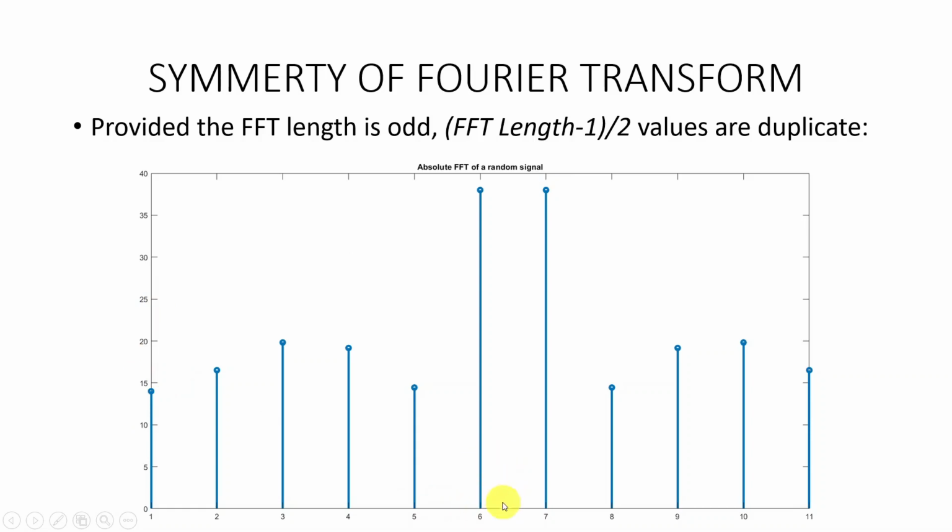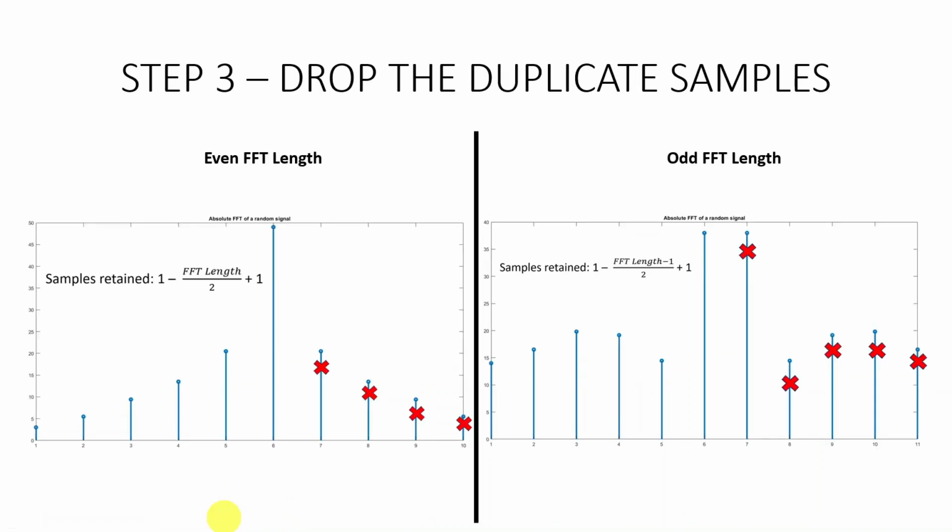In this example, the samples 6 and 7 are equal, 5 and 8 are equal, 4 and 9 are equal, 3 and 10 are equal, and 2 and 11 are equal. The next step is to drop the duplicate samples, but this comes with a consequence, because each sample in the Fourier transform represents the magnitude of specific frequencies that are present in the signal.